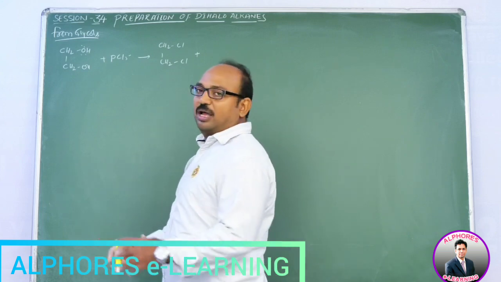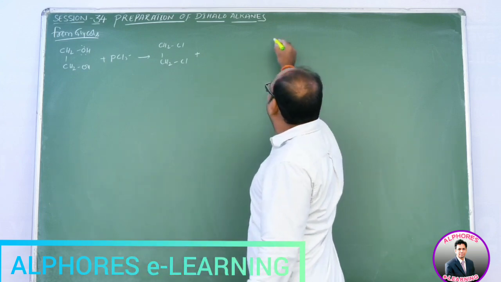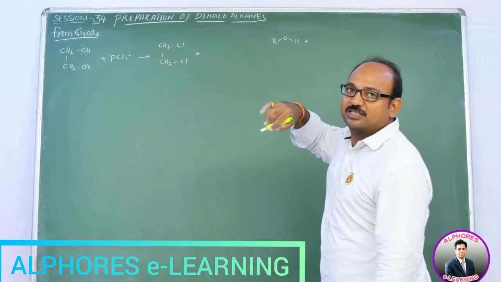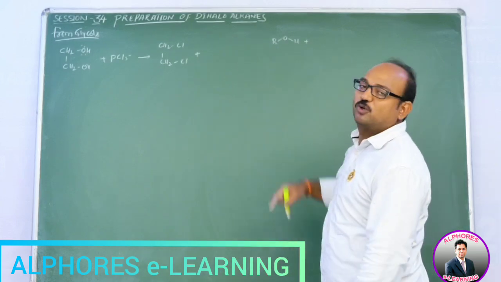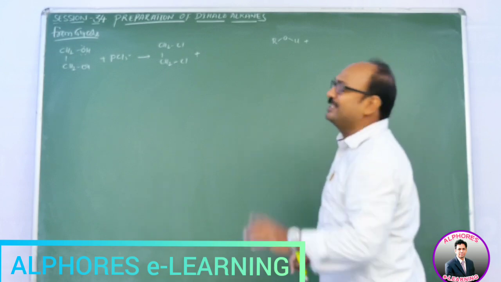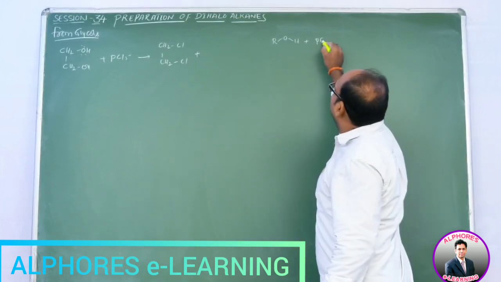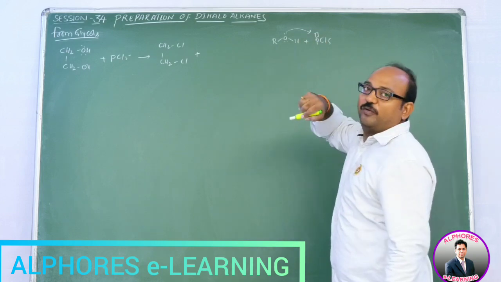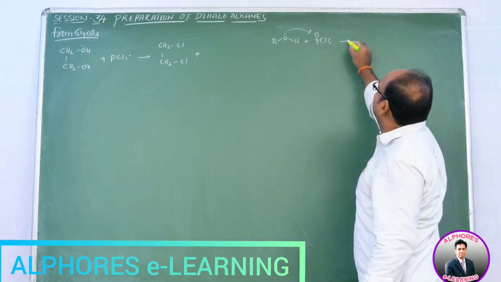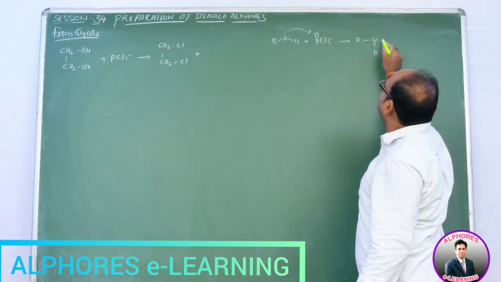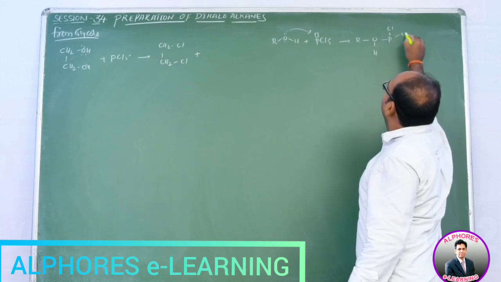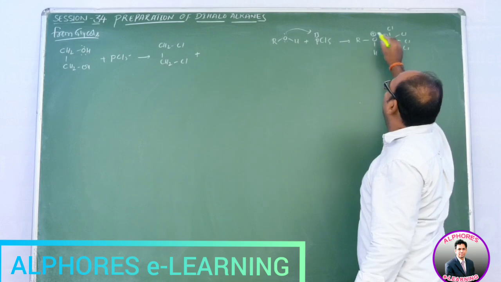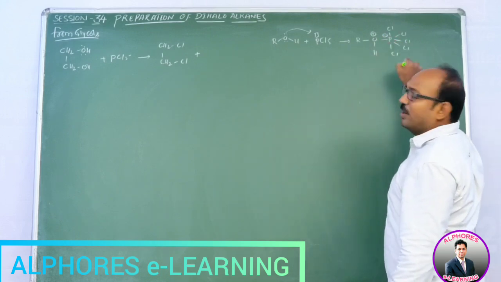Just like alcohol, I will write the alcohol mechanism here. A similar mechanism is applicable for glycols also, but because two OH groups are there, the reaction occurs two times. Alcohol upon reaction with PCl5: oxygen donates an electron pair to the vacant orbital of phosphorus, giving ROH bonded to phosphorus with five chlorine atoms, plus O minus, and this Cl has to come out.